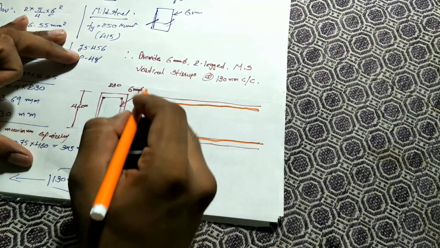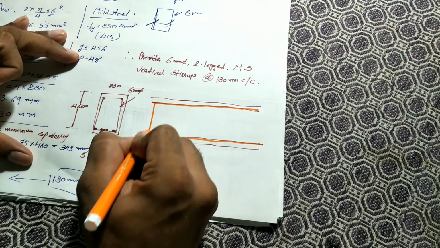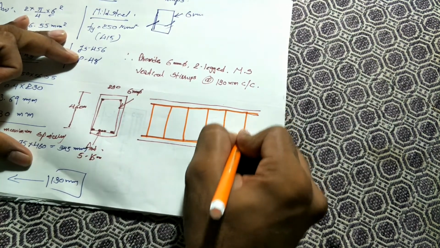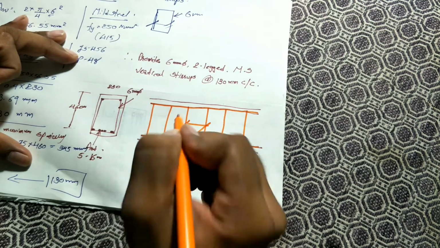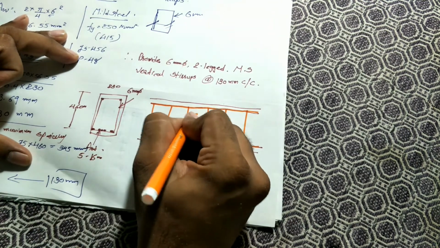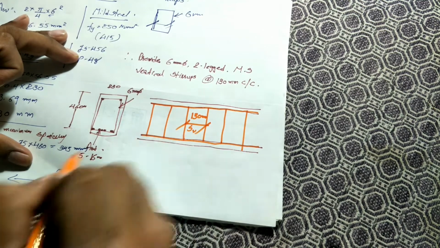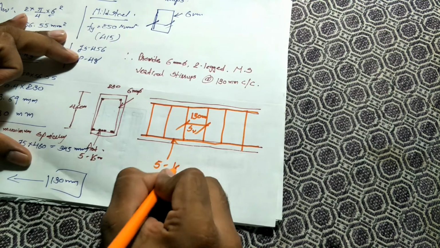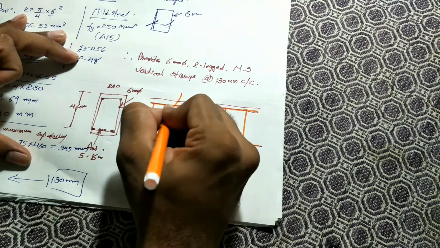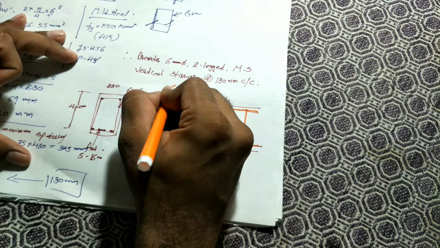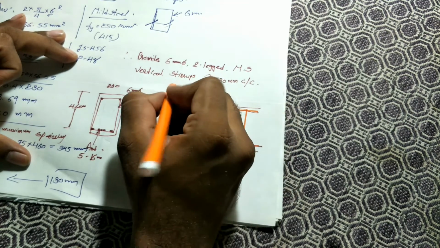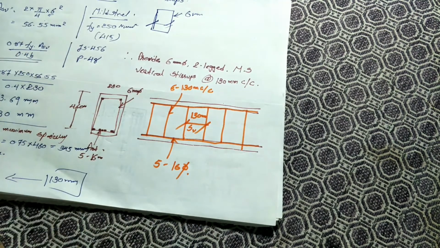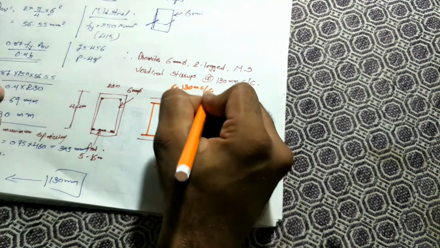These are your 6 mm dia two-legged vertical stirrups, all this orange color, and the spacing between them is 130 mm, and that value is your Sv value. So these are your 5 numbers of 16 dia main steel, and all these vertical lines are 6 mm dia at 130 mm center to center distance, and that is two-legged.